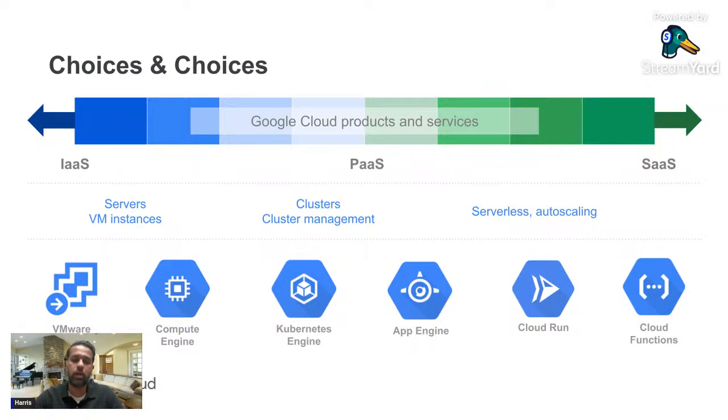On the left, you have infrastructure as a service for people who want more control over their services. Then in the center, we have platform as a service, which is a combination of serverless as well as infrastructure as a service, and includes the Kubernetes Engine and App Engine. And finally, you have completely serverless tools such as Cloud Functions and Cloud Run.